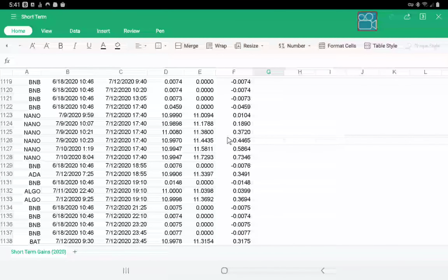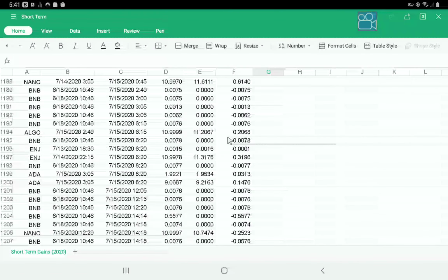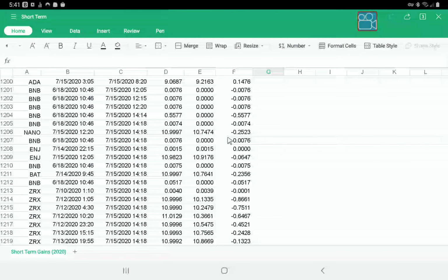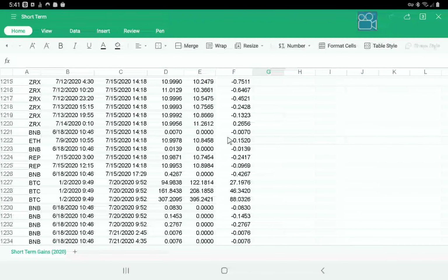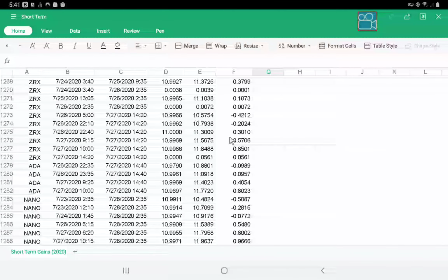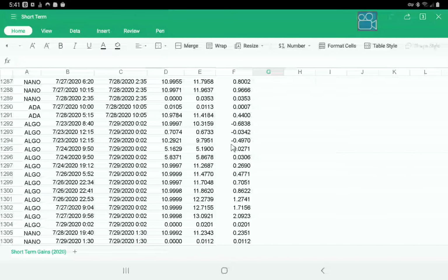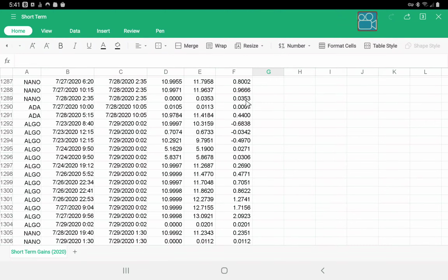Roughly speaking, I did about 200 trades a month, or thereabouts. About 250 in some cases. All pennies. Some of these are literally just like 3 pennies and change.